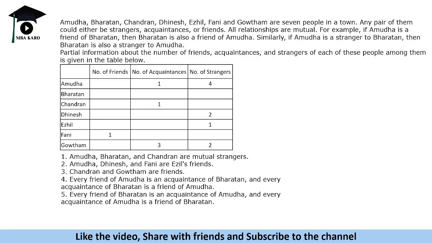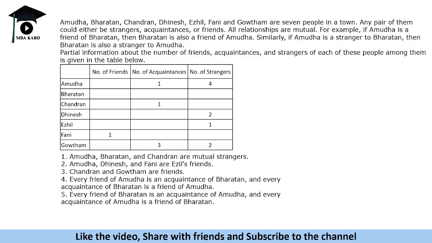Similarly, if Amudha is a stranger to Bharatan, then Bharatan is also a stranger to Amudha. Some partial information is given to us, plus some table. Based on this, we need to find out who is connected to whom in which manner.